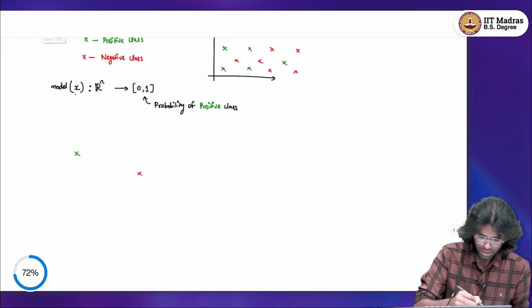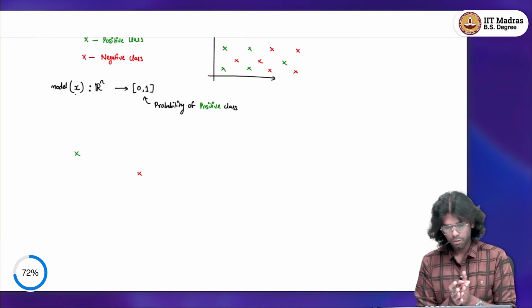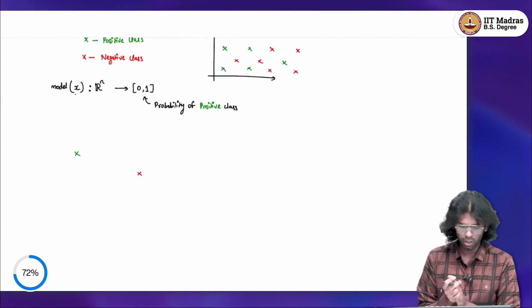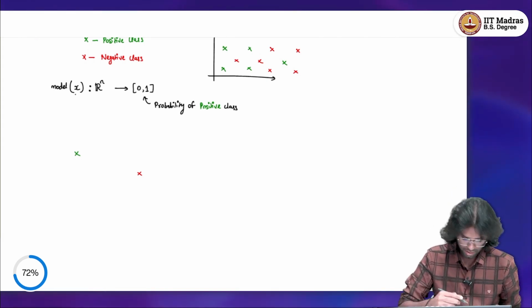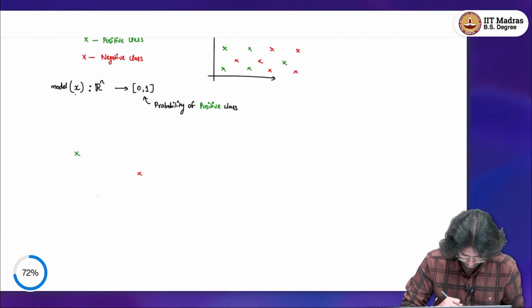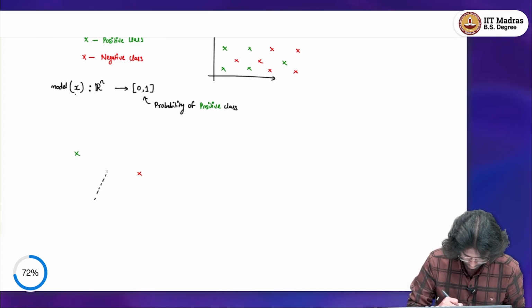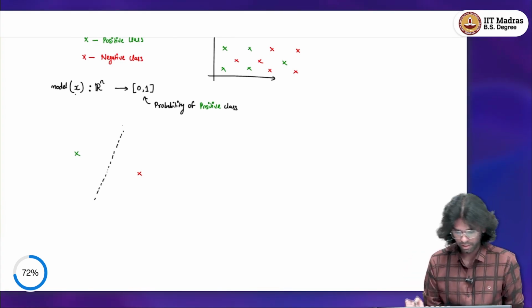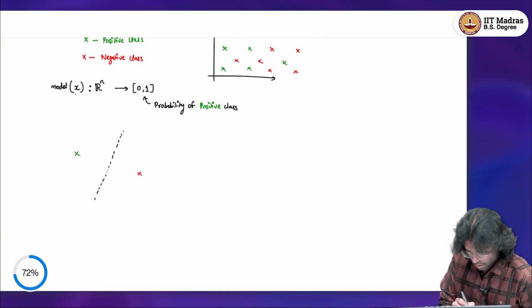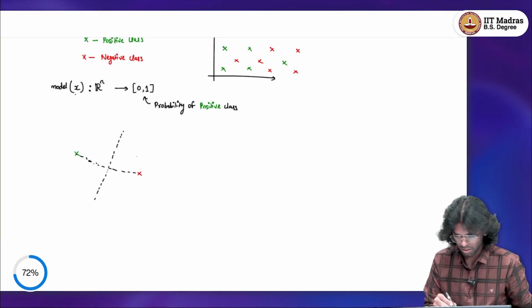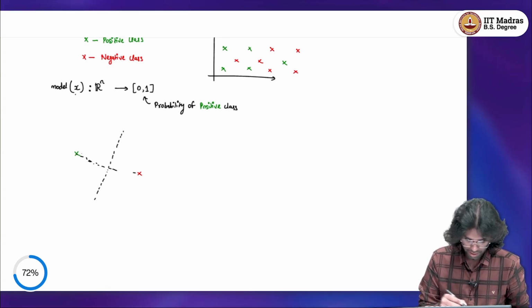You must pause and think about where the decision boundary is. It's quite evident, and the answer would be something like this. If you notice, this is just the perpendicular bisector of the line connecting these points.